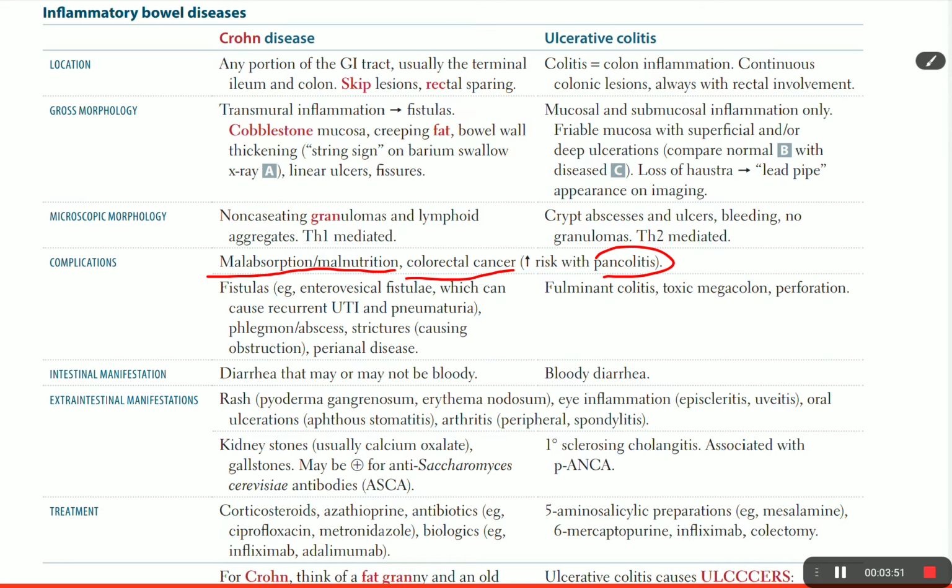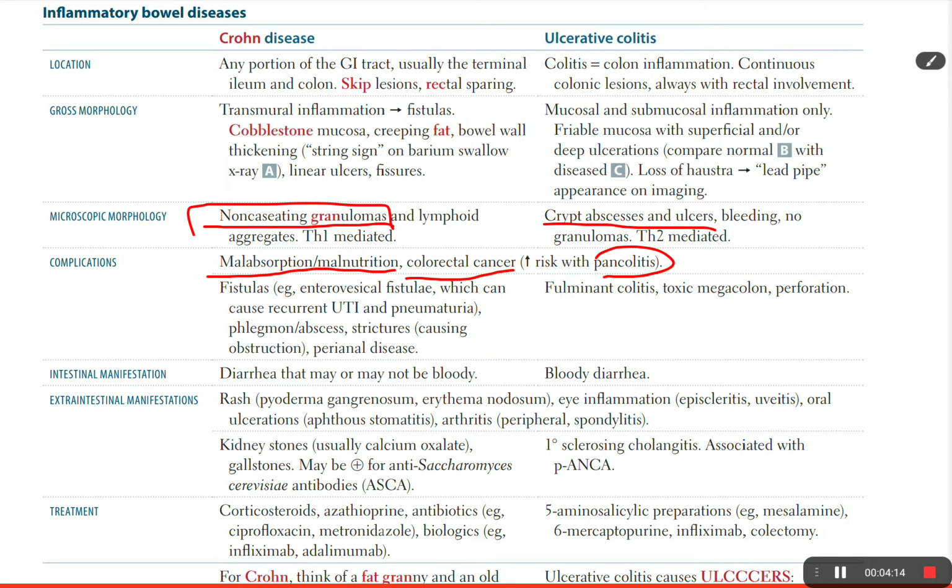Before the complications, we have to see the microscopic morphology. There is a unique feature for Crohn's disease, which is non-caseating granuloma. That means there is a granuloma without a necrotic center. But in ulcerative colitis, we have an ulcer with crypt abscesses.